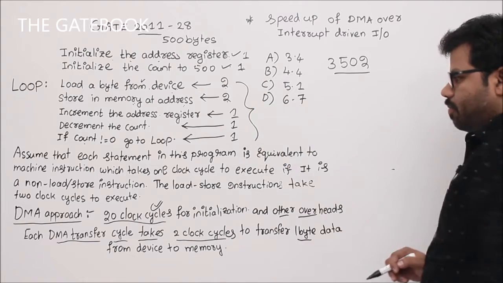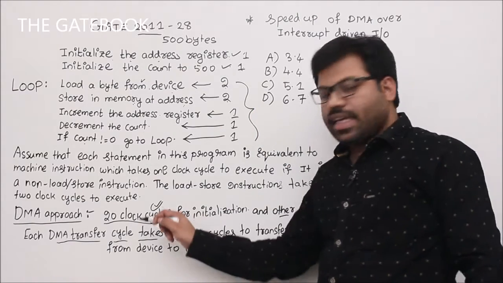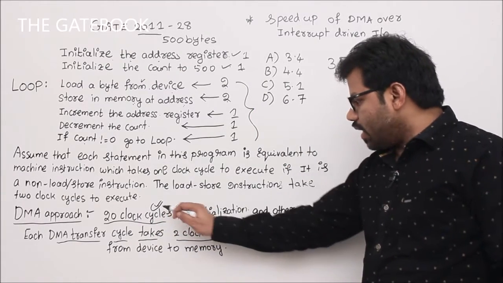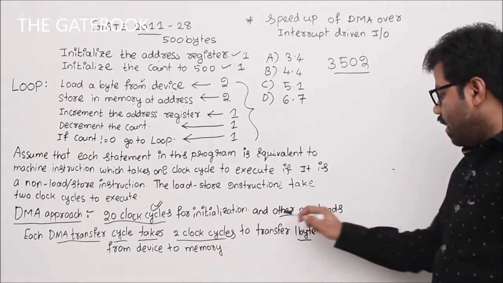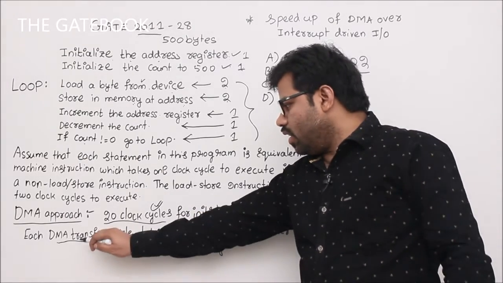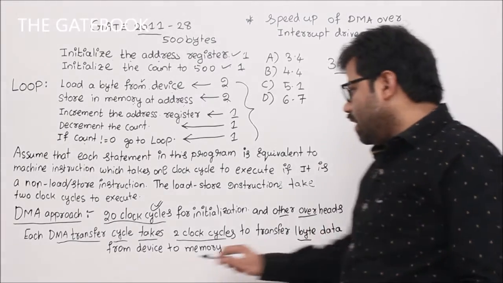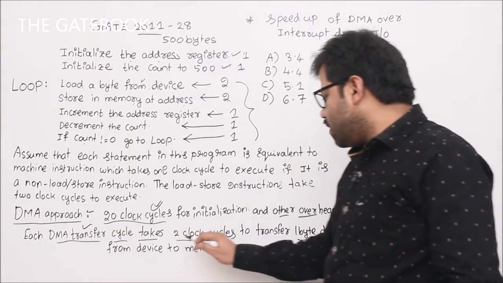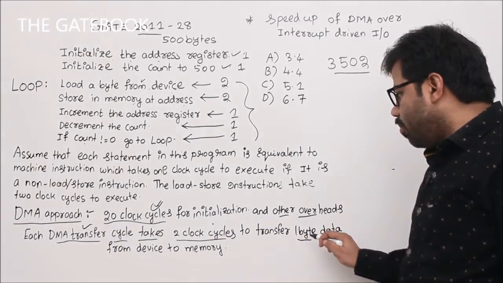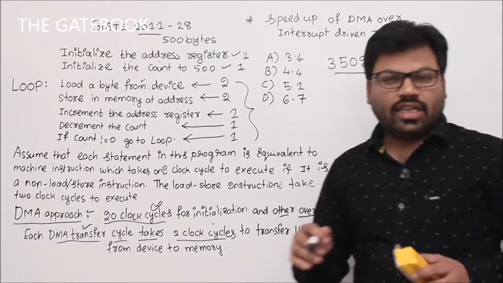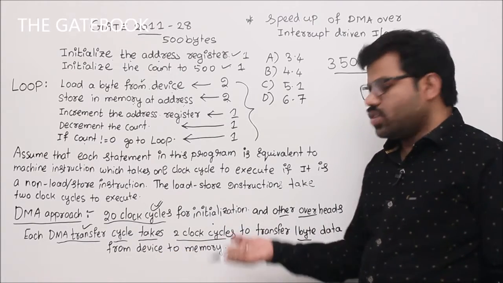Now we'll see DMA. In DMA, they have clearly mentioned 20 clock cycles for initialization and other overheads. Each DMA transfer cycle takes 2 clock cycles to transfer 1 byte of data from device to memory. Generally speaking, this is an ambiguous question.